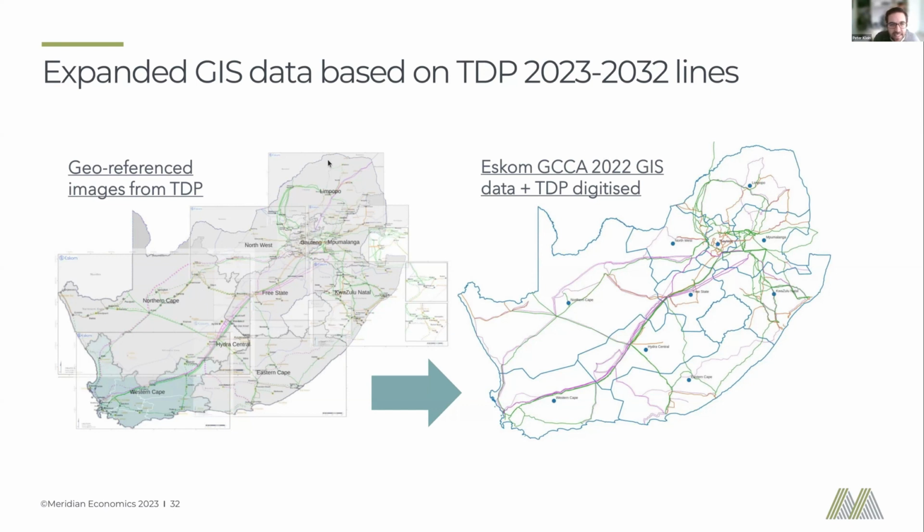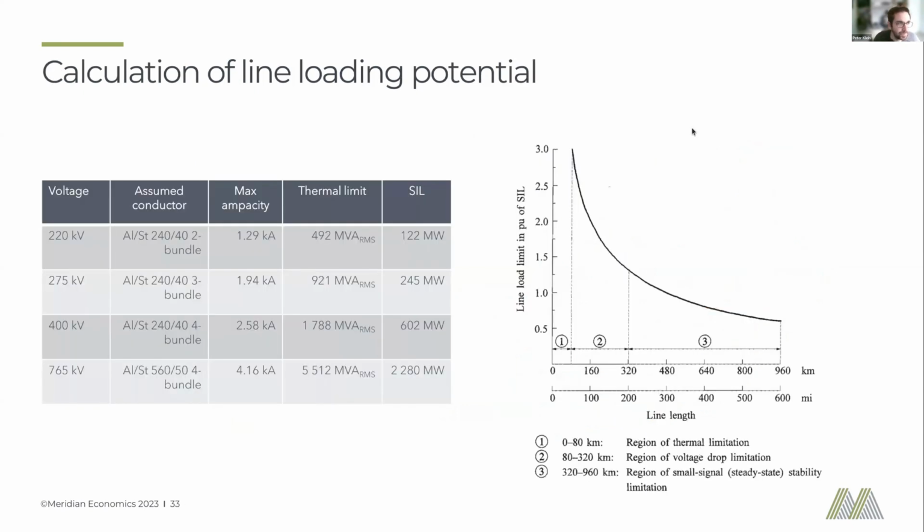So we've taken that data and geo-referenced and digitized any new lines that are planned over time, so different 765 and 400 kV lines. That data is now available as part of the data set. It's not currently in the repo because it's a bit too big to upload, so that'll be available in our Dropbox at the end of next week.